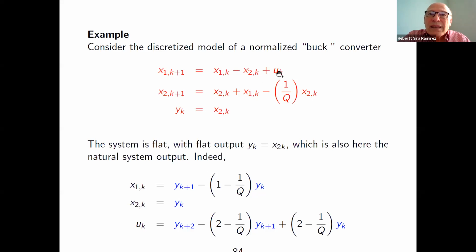But moreover, since u can be solved from the first equation in terms of the advance of x1, x1, and x2, and since x1 and x2 are parameterizable already by means of y and its advances, u will be parameterizable in terms of y, but you will need one more advance, which you didn't have before. So u is just this linear expression in terms of y. And you can see from here that the flat output is very natural.